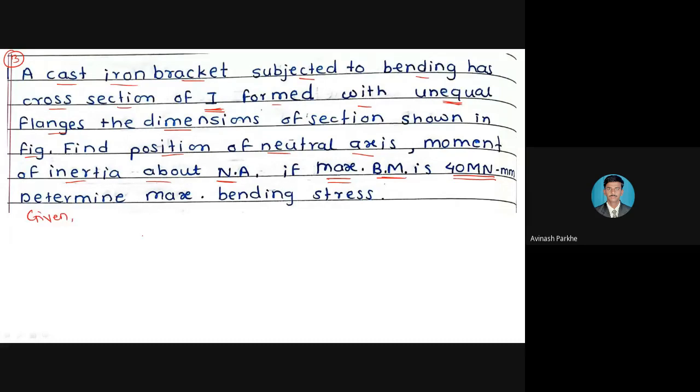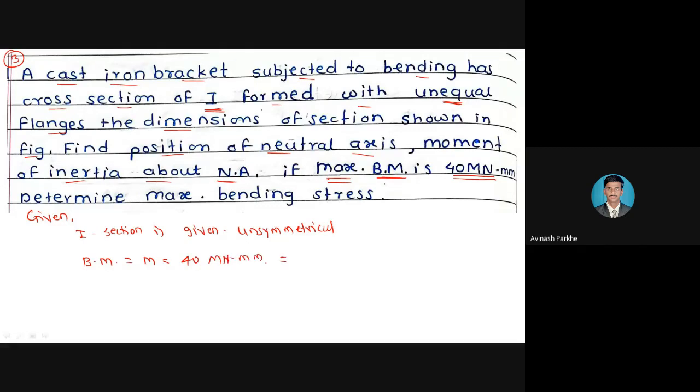So the given parameters: I section is given, that is unsymmetrical. Bending moment, that is BM, is equal to capital M is equal to 40 meganewton mm.